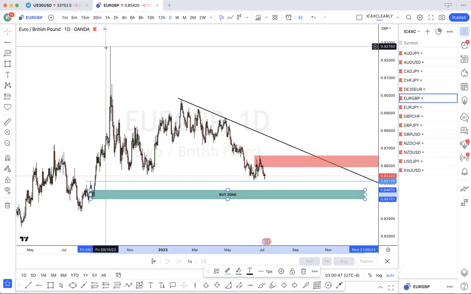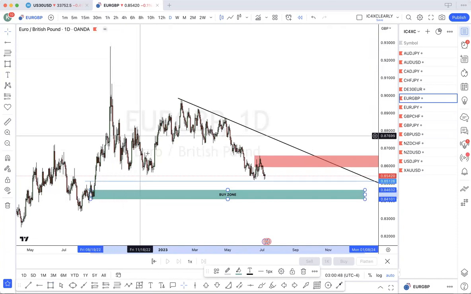This is the impulse move. This is a correction.